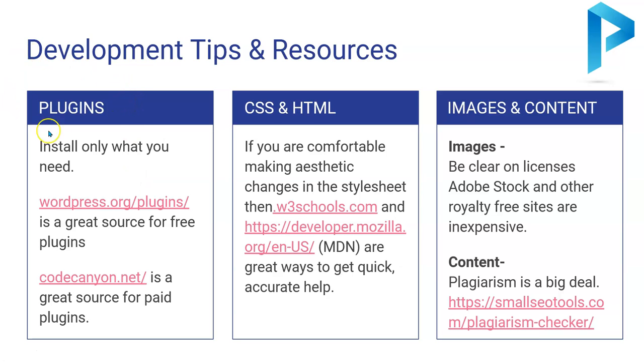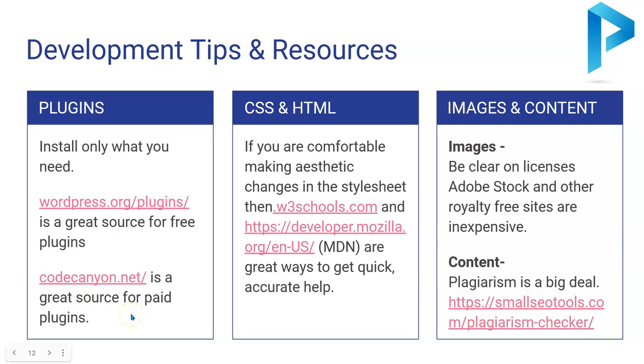So how you add functionality to WordPress, especially when you're not a developer or programmer yourself, is to add some plugins, and those plugins will serve specific programming purposes. WordPress.org/plugins is great for free ones.